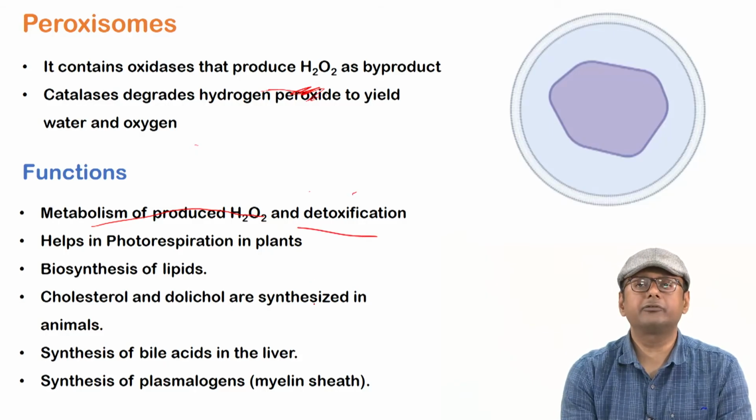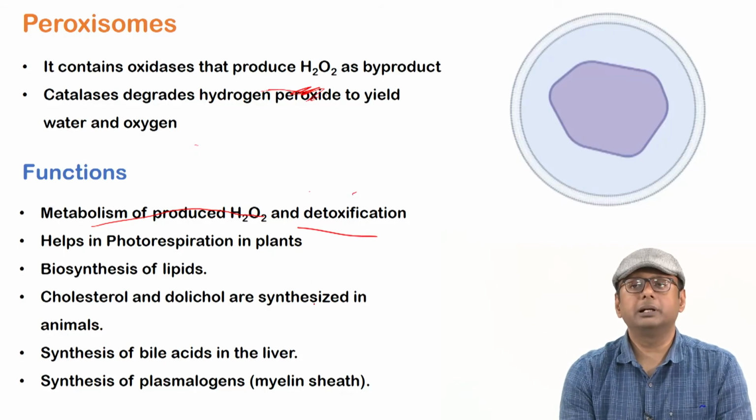As you know, if a lot of hydrogen peroxide builds up in our body, it creates a situation called oxidative stress. An oxidative stress condition in the body can damage the cell in the long run, and it can also induce different diseases if it stays for a prolonged period. So it is very important.